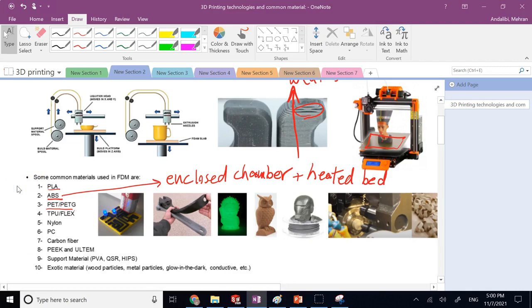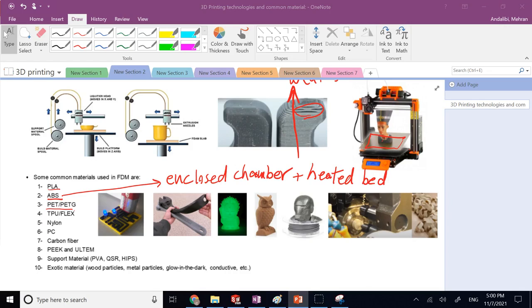They absorb humidity and they lose their shape easily. PETG is a little bit better than that. Okay, so it has some good properties that are appreciated by many people. And the price of it is also comparable to PLA and ABS. These three are some of the cheapest plastics out there.